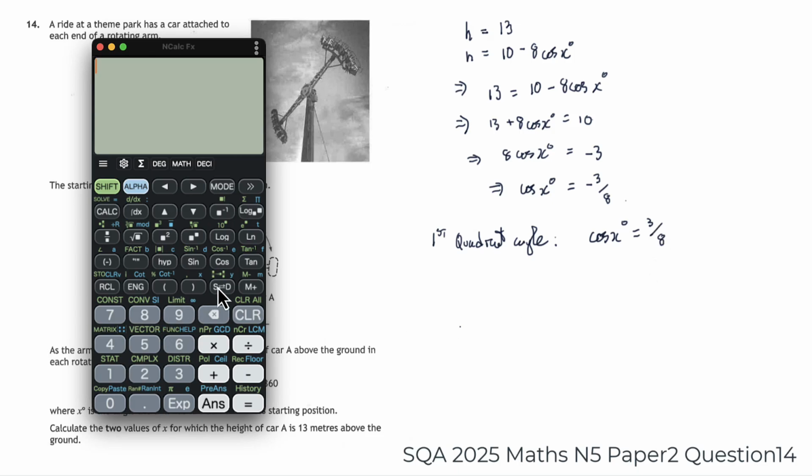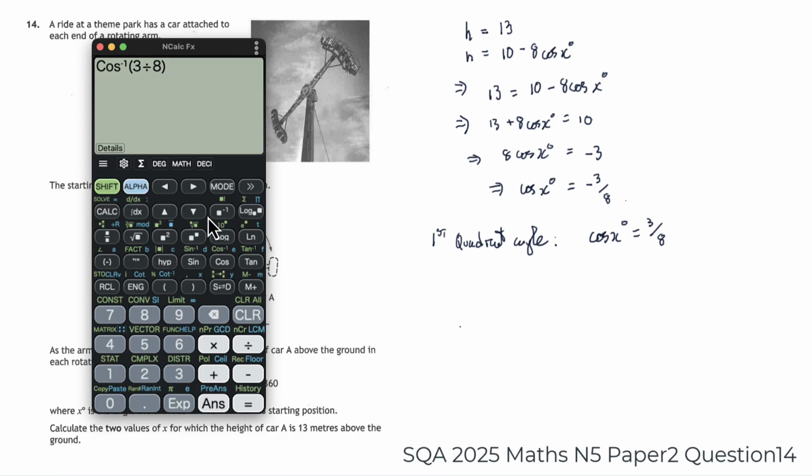Now in my calculator, inverse cosine is labelled as cos to the -1, and I have to press the shift button to get hold of that. And when I do that, I then put 3/8. So I've now got the angle whose cosine is 3/8. That's how you'd read this expression.